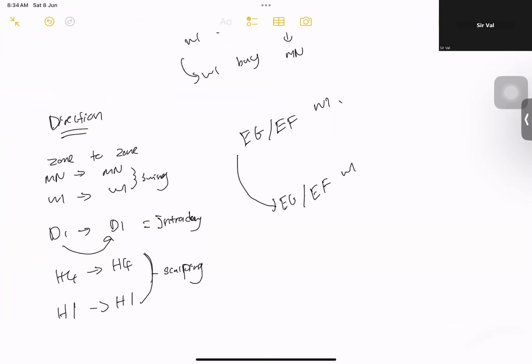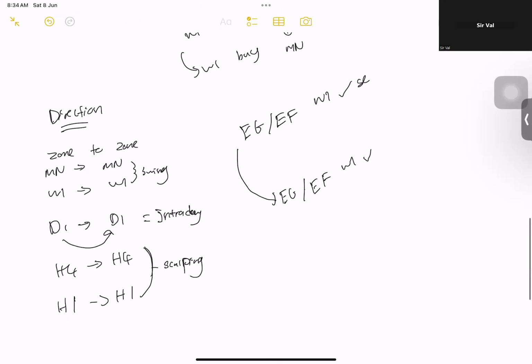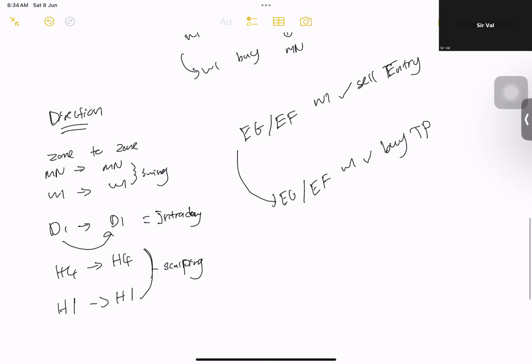If you enter on engulfing, you need to TP on engulfing. Engulfing or EF is still the same zone. So here, for example, is a weekly sell and here is a weekly buy. So here is my TP, and this is my entry. Clear? So entry is based on the higher time frame.